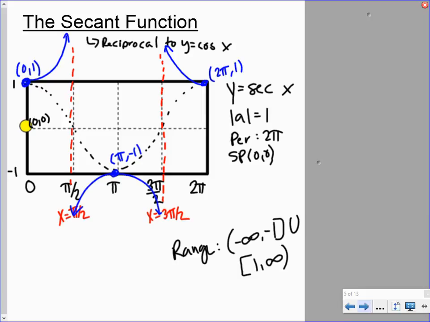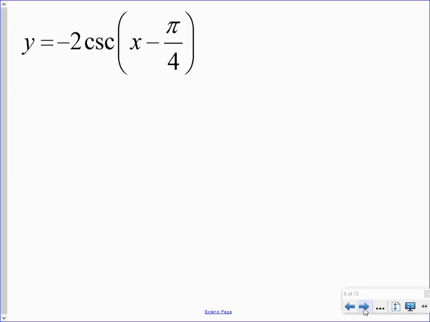And I want you to do those things for y equals negative 2 times cosecant of x minus pi over 4. We don't have to graph this. We are going to graph it, but I'd like you to at least do the setup pieces. So can you apply the same things we had done for the other graphs to cosecant?